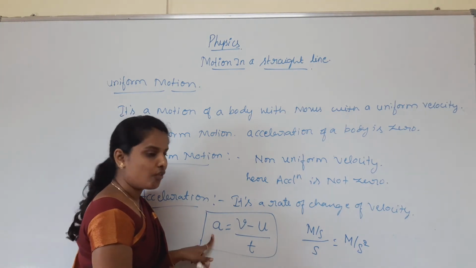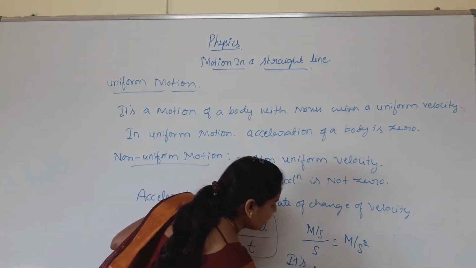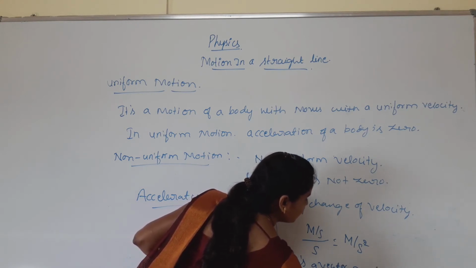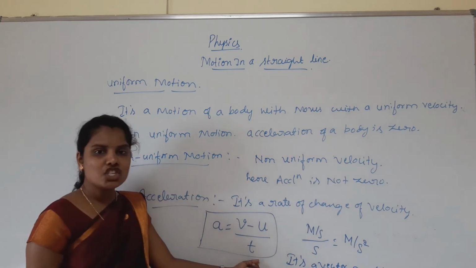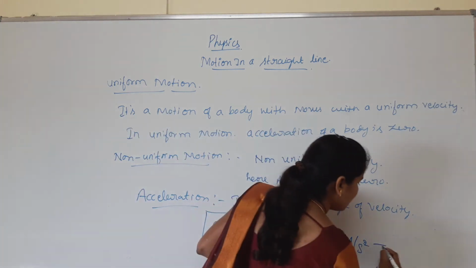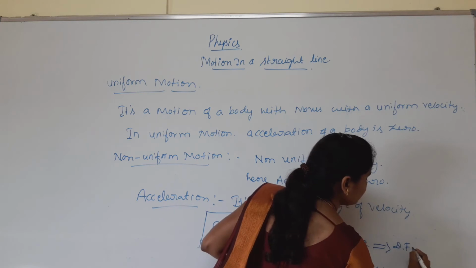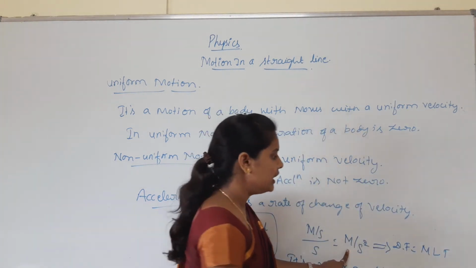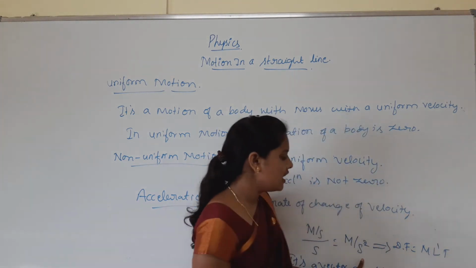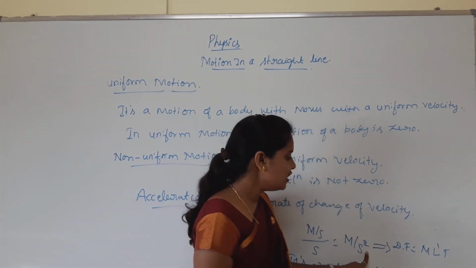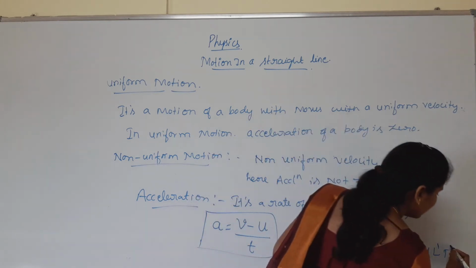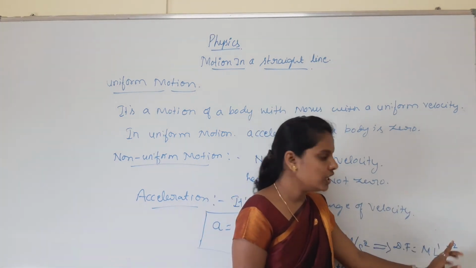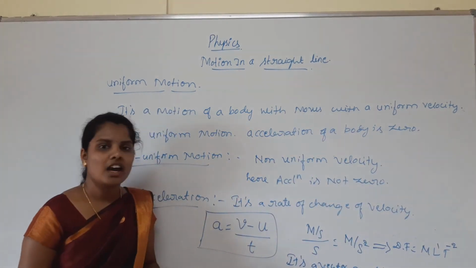It is a vector quantity, and the dimension formula is M to the power of 1, L to the power of 0, T to the power of minus 2. Since T squared is in the denominator, it goes to the numerator as minus 2.